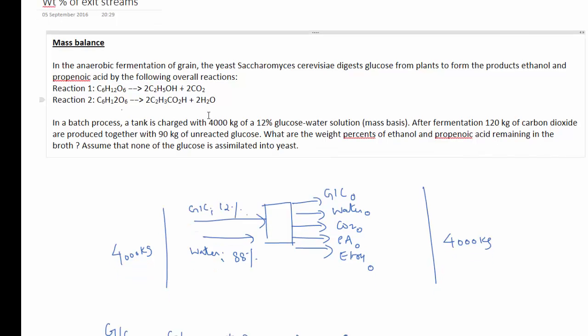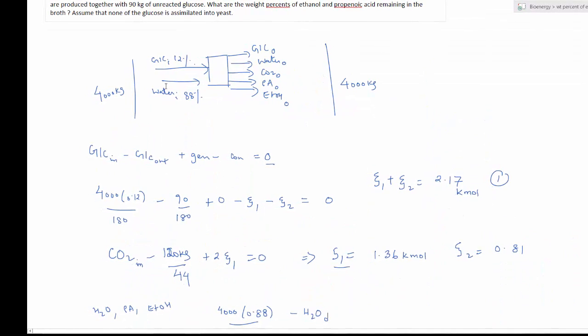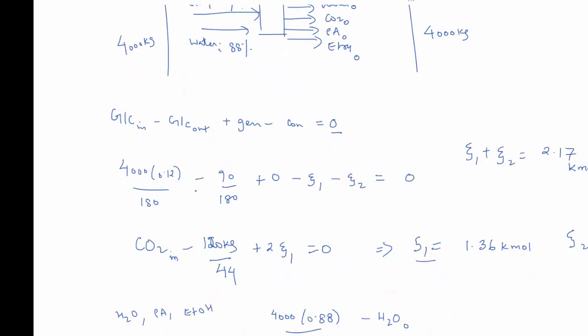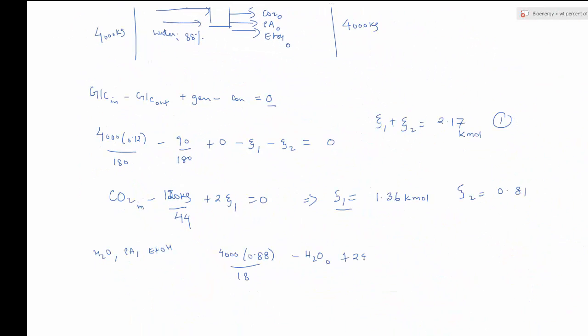Nothing is being consumed, and the second reaction, Xi2 moles react, and I can see here that 2 times Xi2 moles of water would have been formed. So plus 2 times Xi2, there's nothing consumed, has to be equal to 0. So from which, plugging in the value of Xi2, we would get the water out. We've got the water coming out. So we know the carbon dioxide. We only have to know the mass of propionic acid which is coming out. Then we can calculate the weight percents.